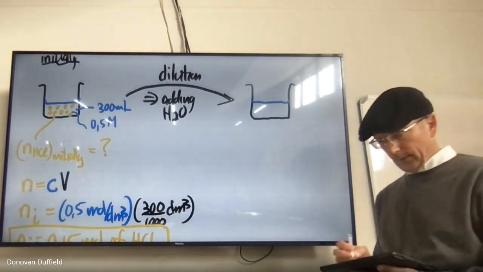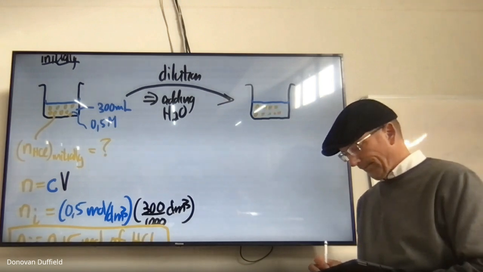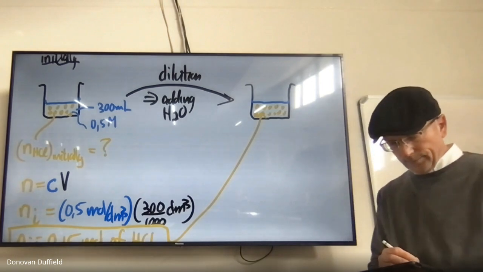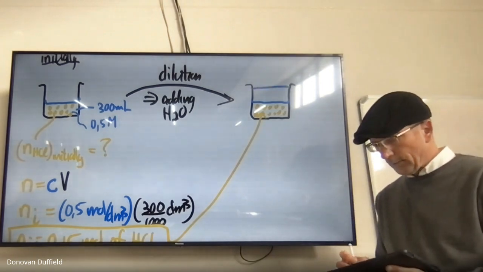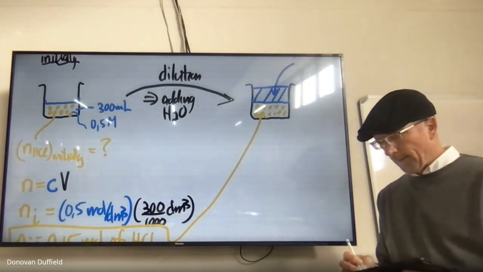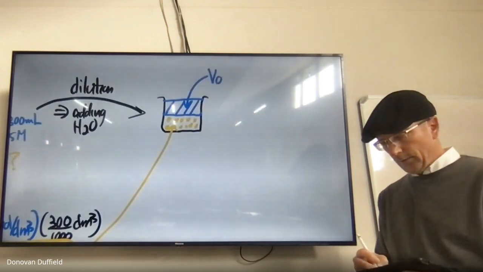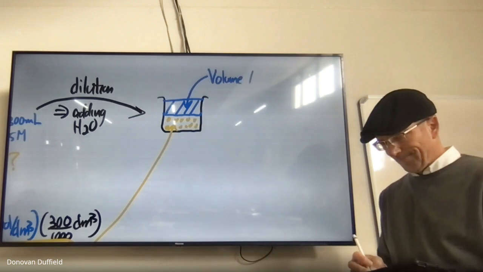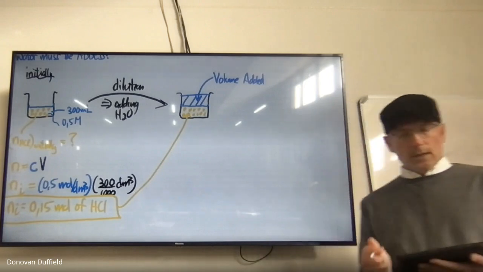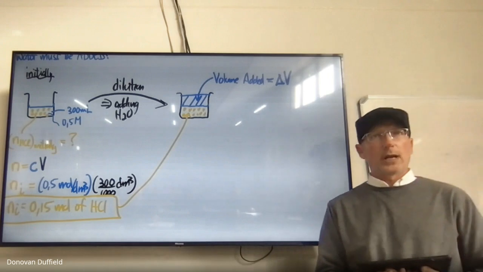And now we add a certain amount of water. This is the volume added, and I'm going to call it delta V because that's the volume change.